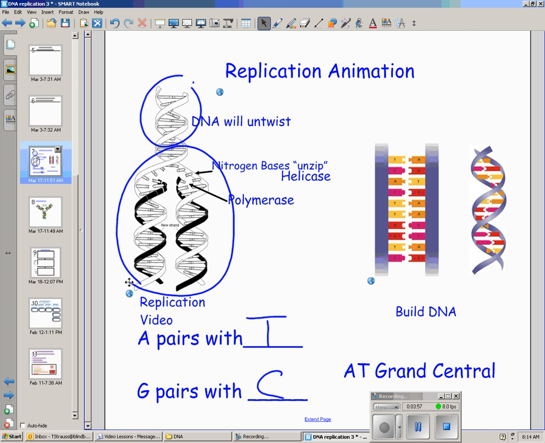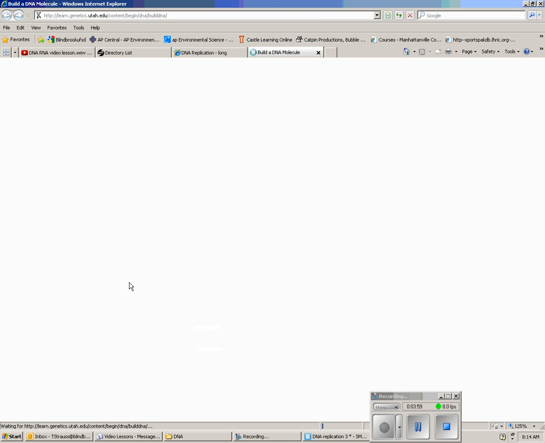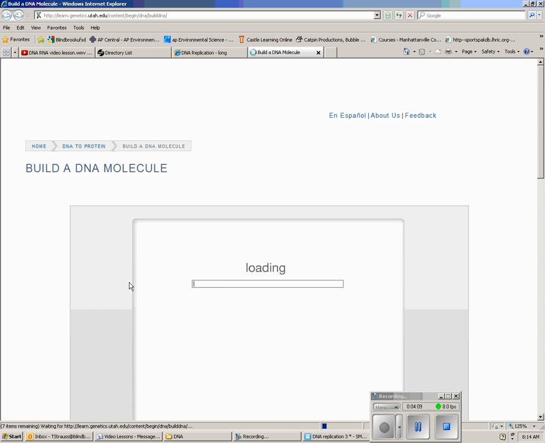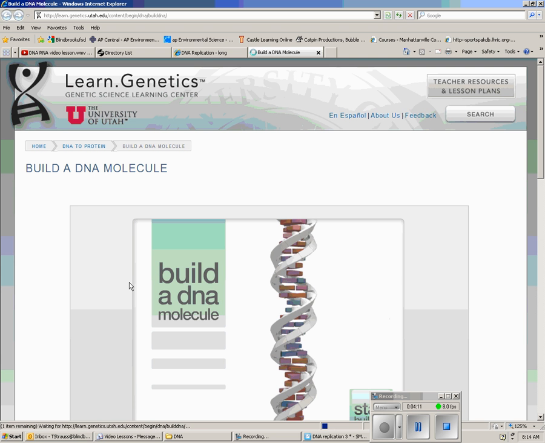Now, we can look at another diagram to build the DNA molecule, and this one is a little easier to look at and just shows you the base pairing.